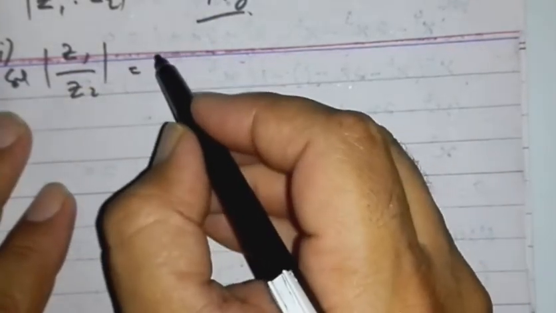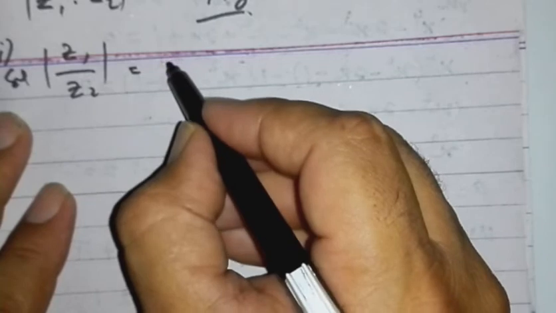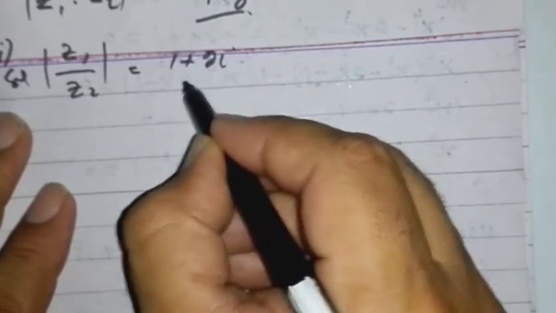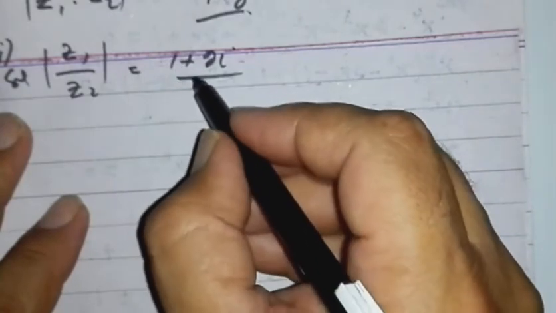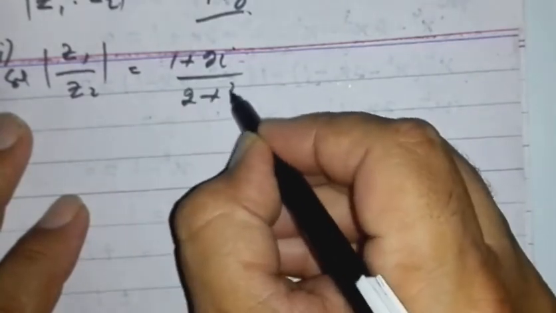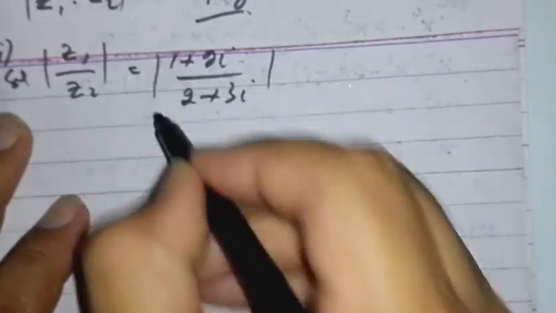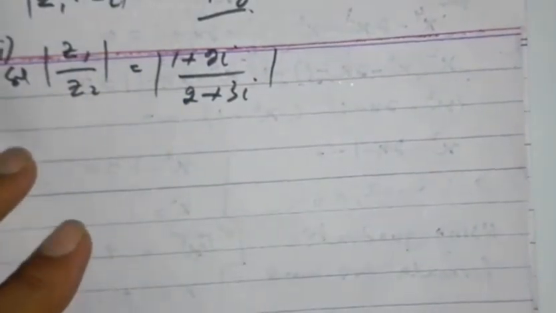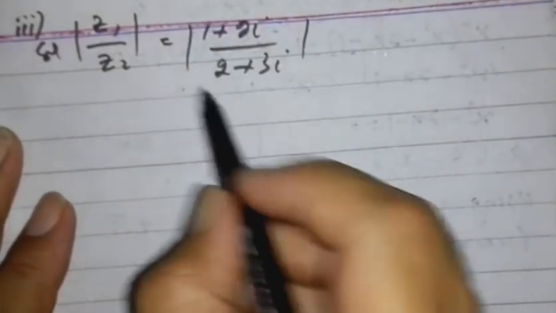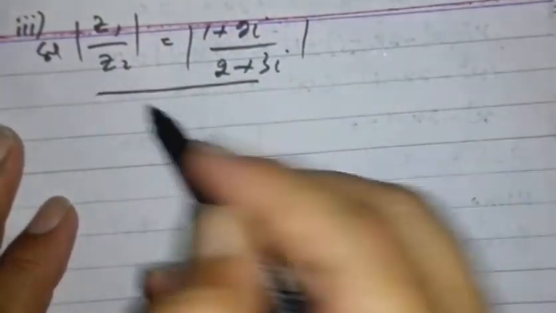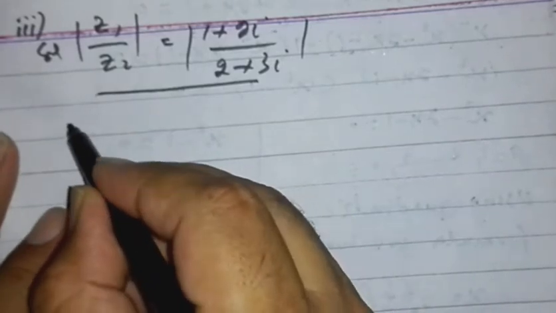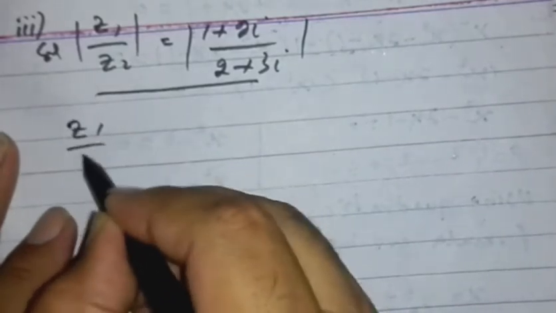The z1 value is 1 plus 2 iota divided by the z2 value, 2 plus 3 iota, absolute. So we can write it. First of all, what we are going to do is z1 divided by z2.